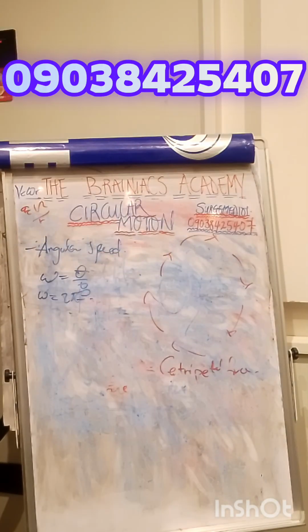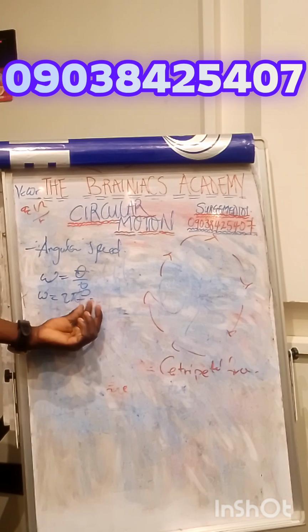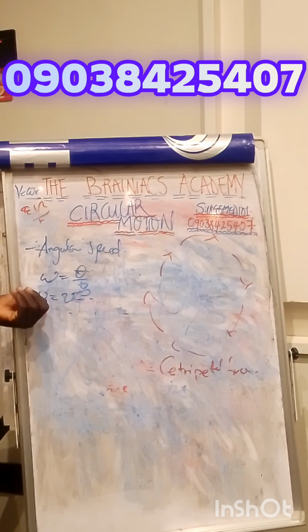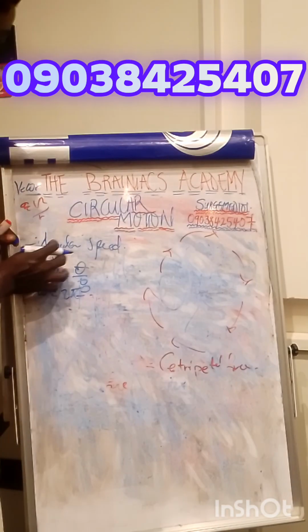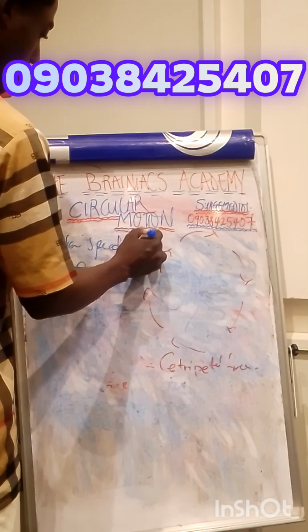Very simple. You don't need to panic. Here is your frequency, your pi is given as 3.142. Then W here is now your speed. Actually, we have our angular speed and velocity.